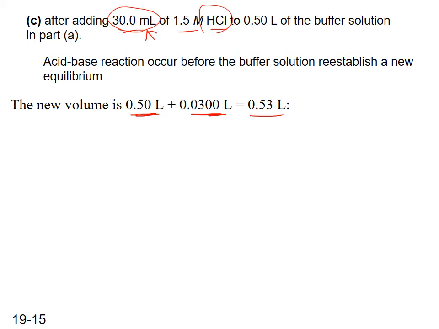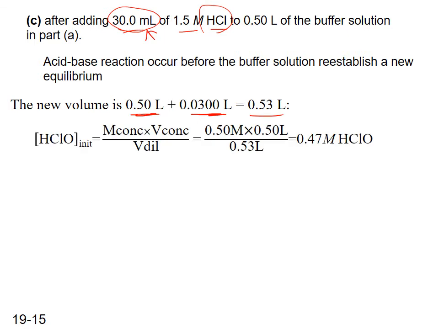So that's the new total volume, and the concentration of the acid is the initial concentration before you add hydrochloric acid, molarity times volume, which gives you the number of moles of the acid. That number of moles divided by the new volume gives you the new concentration due to the volume change.